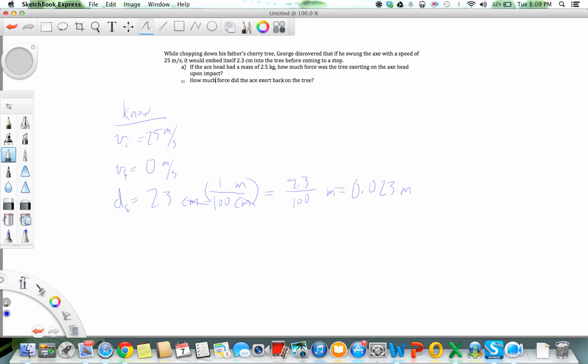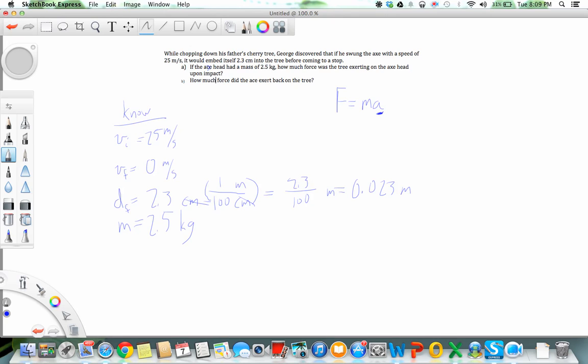All right, so we also know that the axe head, oops, sorry, I misspelled that when I typed it in, that should be axe, has a mass of 2.5 kilograms. I know I'm looking for a force, so ultimately my goal will be to use force equals mass times acceleration.